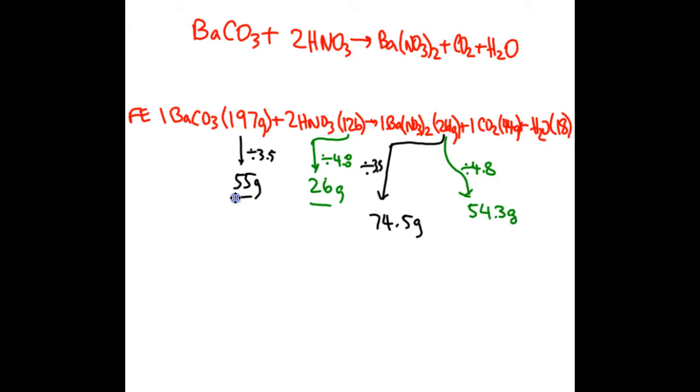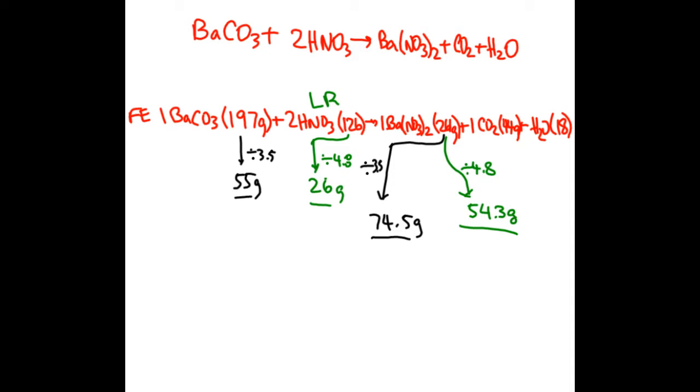So the first part of the question is figuring out which is the limiting reactant. When we look at HNO3, it produces 54.3 grams, and when we look at BaCO3, it ends up producing 74.5 grams. So we know that the green, being lesser, means that this is our limiting reactant for this problem.